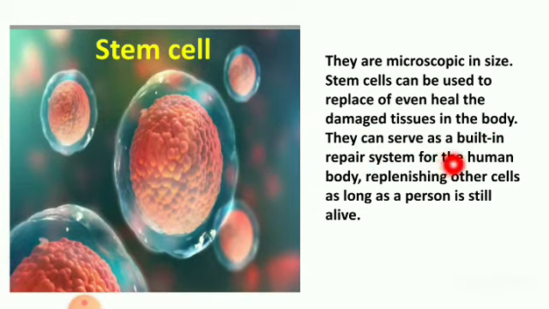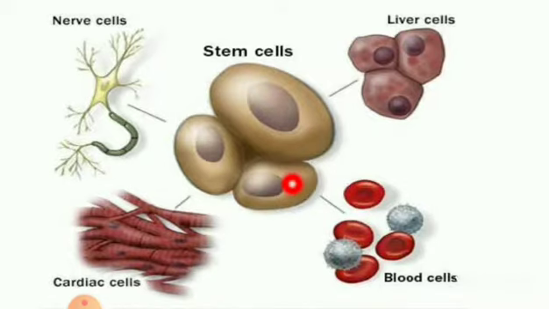They can serve as a built-in repair system for the human body, replenishing other cells as long as a person is still alive. See the picture. These are the types of stem cells. What are they? Liver cell, blood cells, cardiac cell, nerve cell. These cells are replacing cells, isn't it?